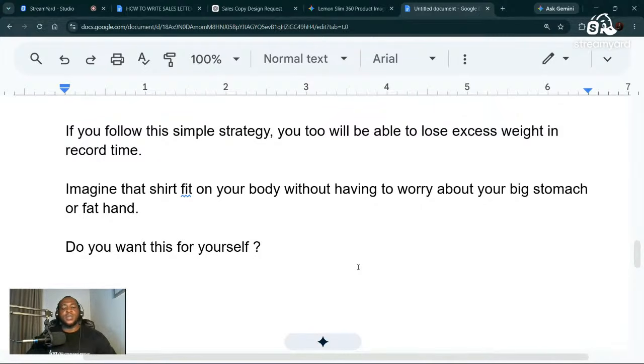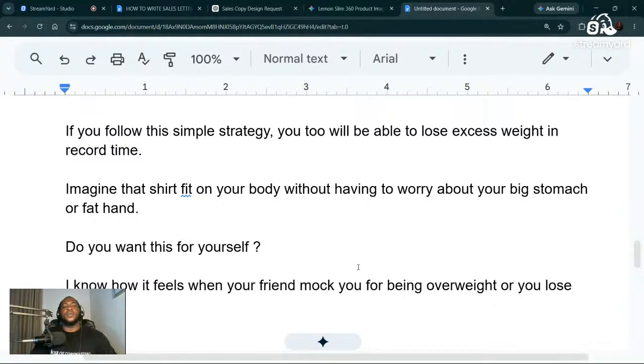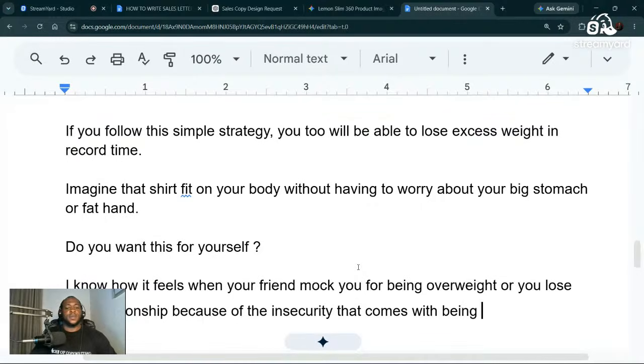You'll now say, "I know how it feels when your friends mock you for being overweight, or you lose that relationship because of the insecurity that comes with being fat."